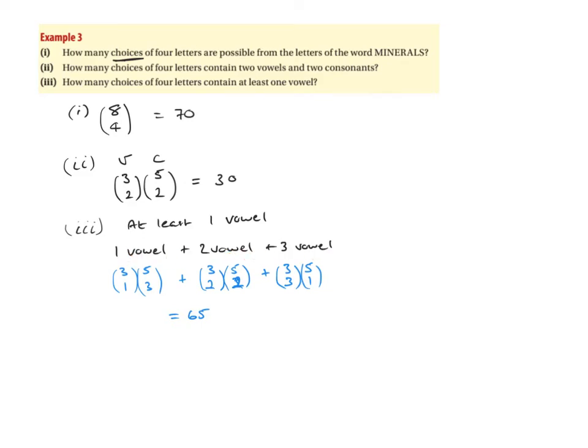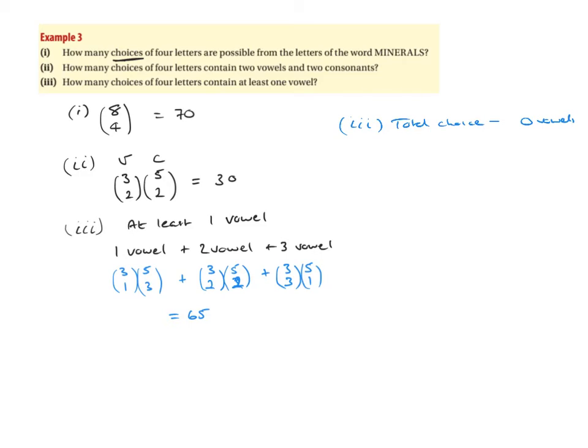Another way we could think of this, if I do 3 again, just over on the side here, is we could say all the possible ways, so all the answers, total choices minus 0 vowels. So let's work out what the total number of choices are, which we've already done in part I, and we can take away the fact that 0 vowels is going to happen here.